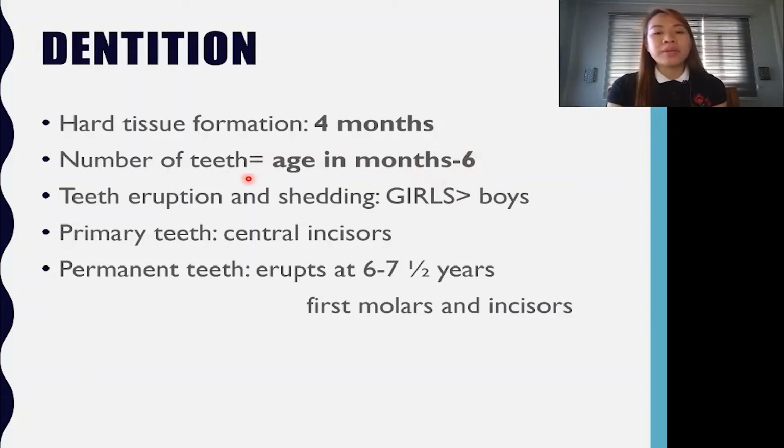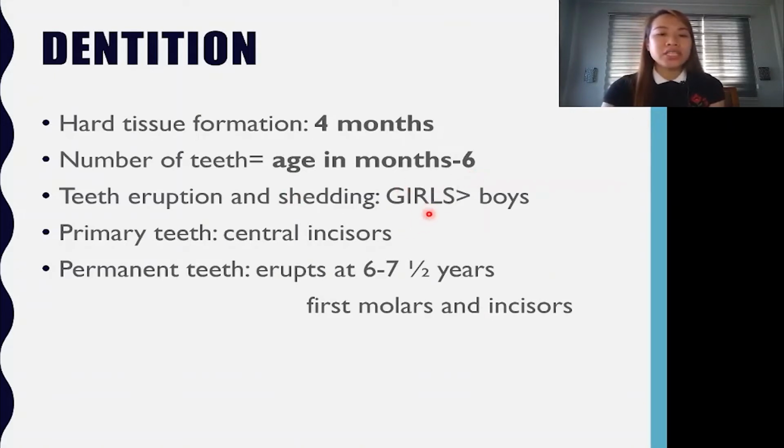So the number of teeth is computed by the age in months. For example, the baby infant is 10 months old. You just subtract 6 and then you'll know how many teeth are expected he or she will have. So pag 10 months, they're expected to have at least 4 teeth already.